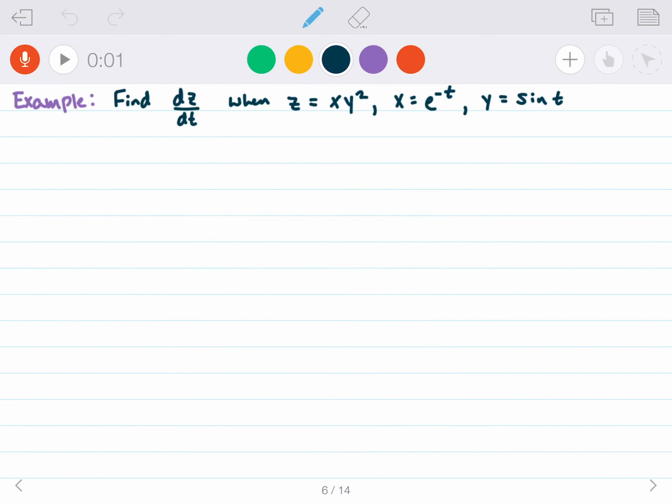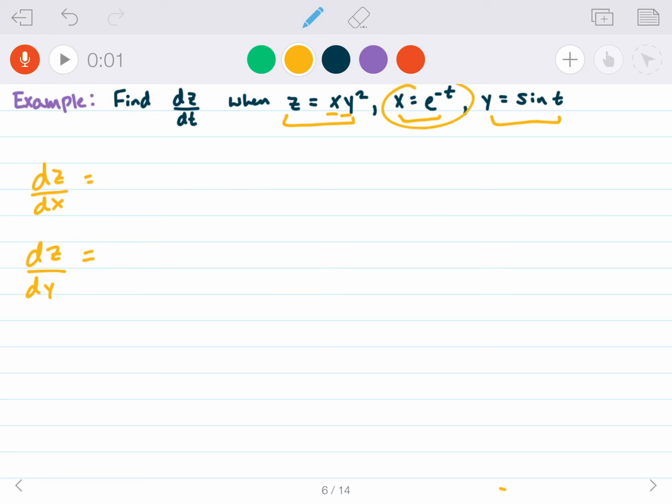Okay, so we want to find dz/dt, the derivative of z with respect to time, when z is equal to xy squared, x is equal to e to the negative t, and y equals sine of t. First, I look at everything that I have and see what derivatives I can find with respect to what. Since z is in terms of x and y, I can find the partial derivative of z with respect to x, and the derivative of z with respect to y.